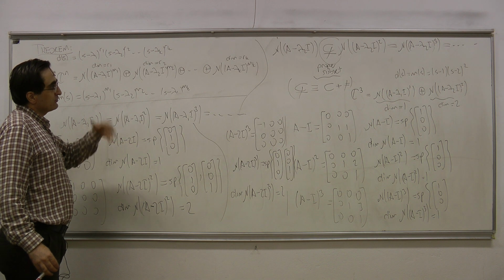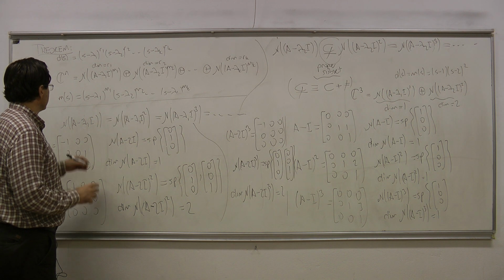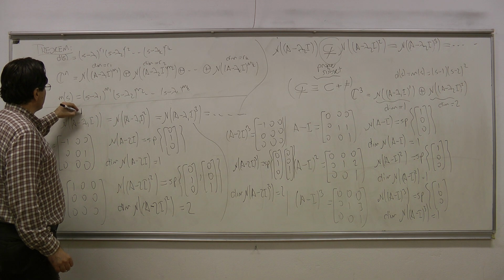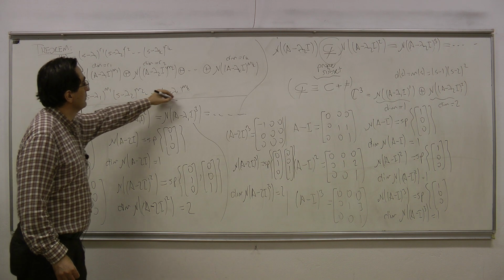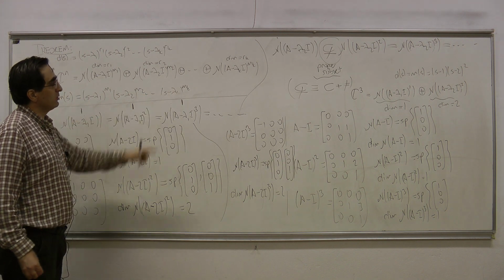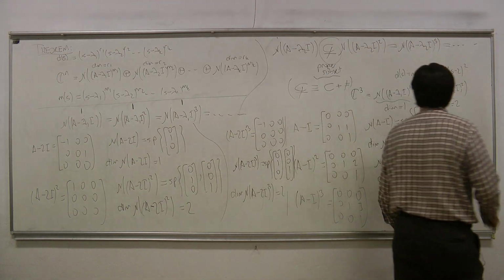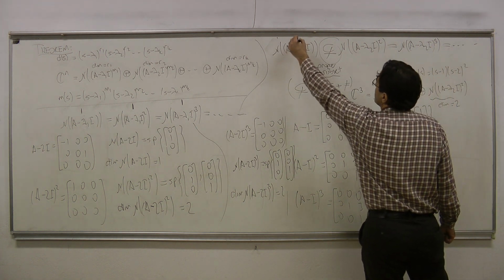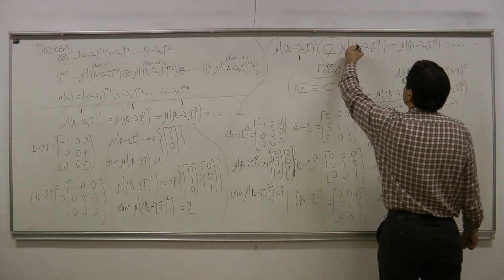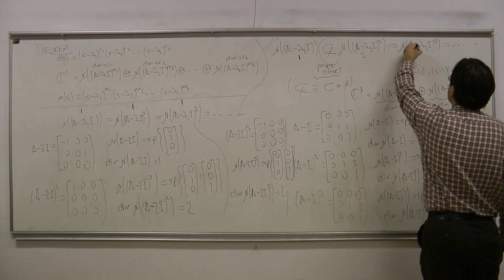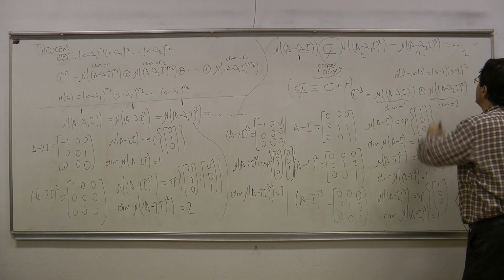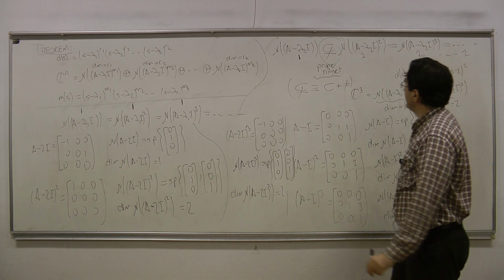Okay? Let us write the dimensions of these subspaces. In the earlier case, the dimension was 1, 1, 1. It remained all the same at each power. What about this one? The dimension was 1 here, the dimension was 2, and the dimension remains 2 forever. Okay?